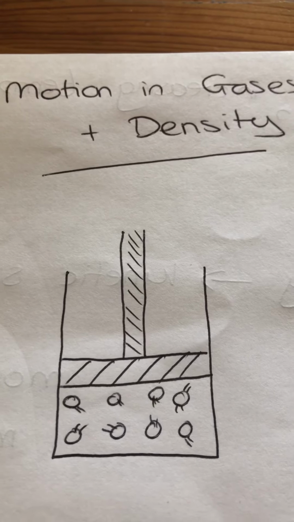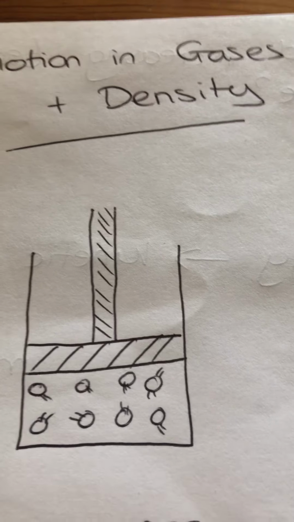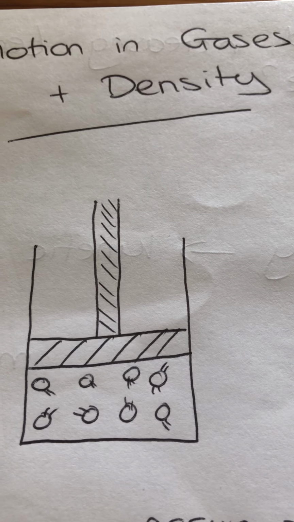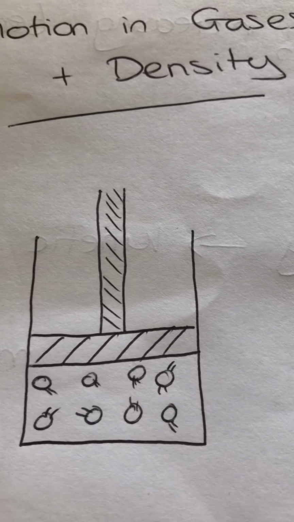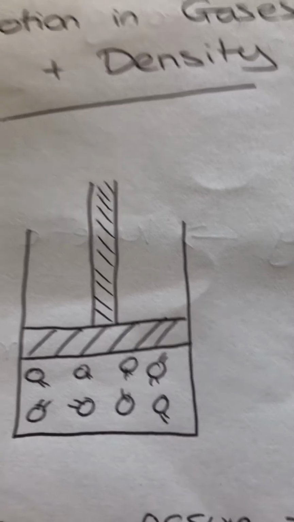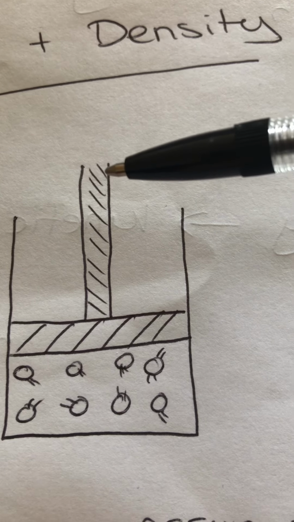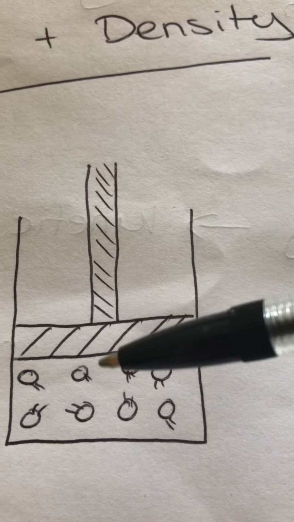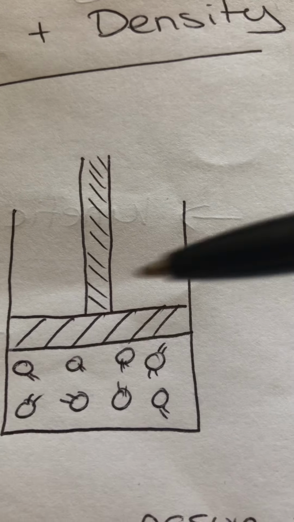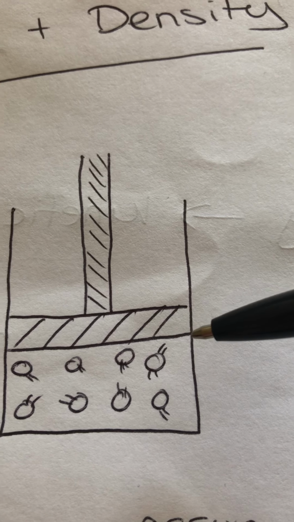Now then, sometimes you might be asked why gas pressure increases. So you can increase gas pressure in two ways, either by reducing the volume of the area that your gas is in, or by increasing its temperature. And we'll talk about temperature in a second, but we're going to talk about decreasing the volume first. If you squash a gas, you also increase the pressure that gas is under, or the pressure that those gas particles exert.